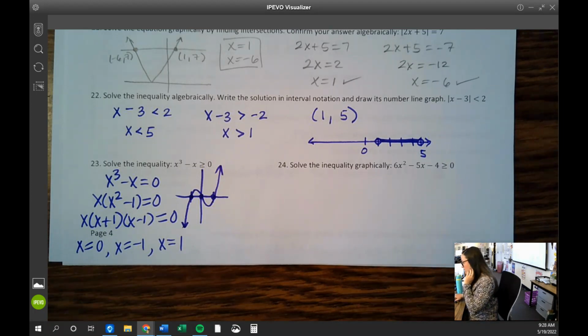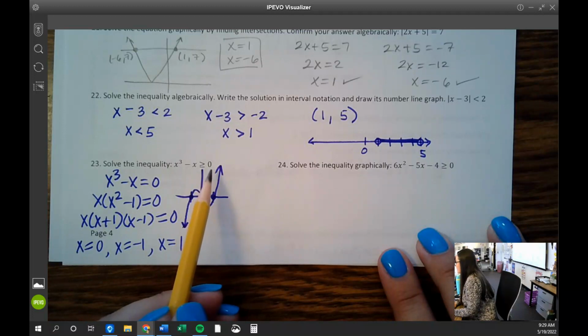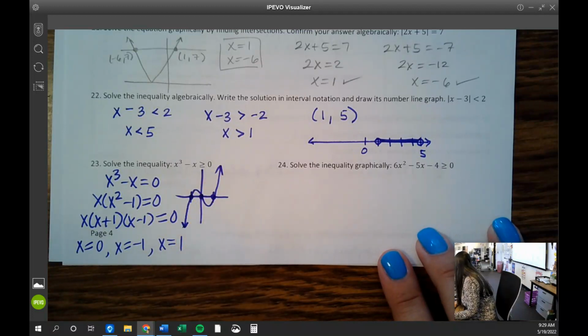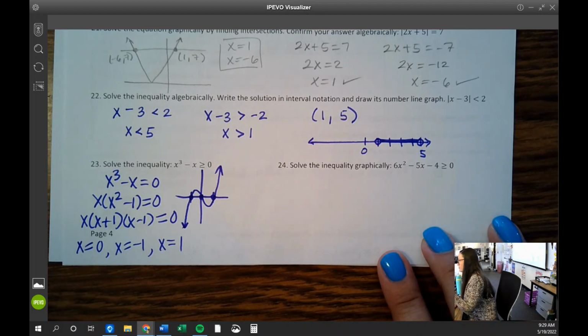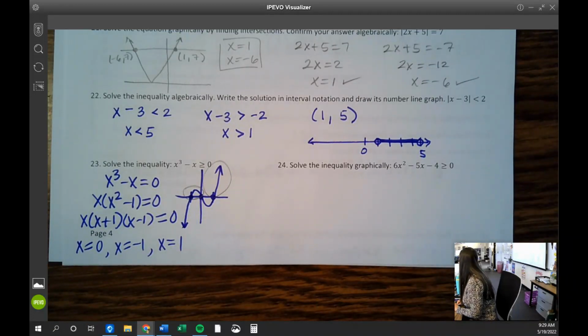And what does the question ask for? It asks for where this is greater than 0. So now we can see visually where we are above 0. So essentially, I'm looking at all the intervals that are above the x-axis, where I get a positive result.